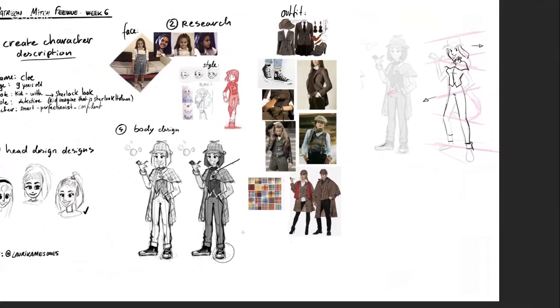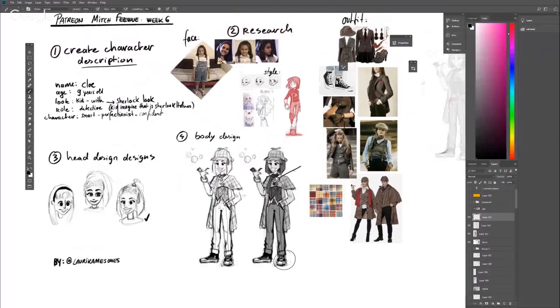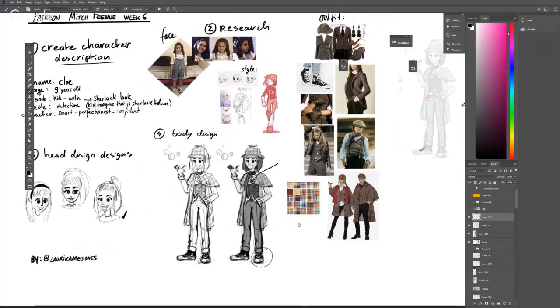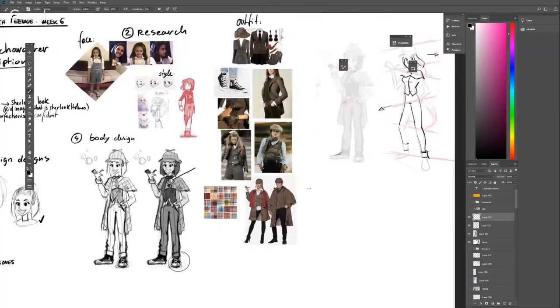Honestly, I was thinking that the kid was a bit older. So maybe if it's a kid, the proportions would be a bit smaller.